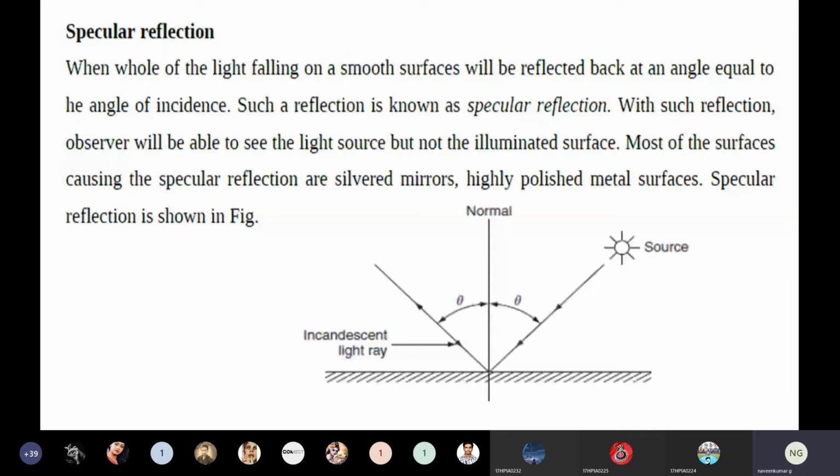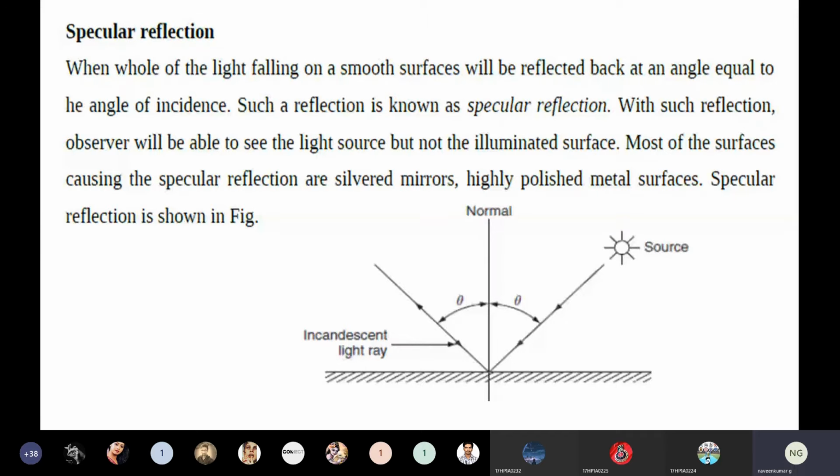You're observing here in the diagram a source of light, okay, that is incident on a surface. It may be a glass surface, for example. It is reflected back. You have a normal drawn perpendicular to the glass surface. You are observing theta being the angle between the normal and the source of light.